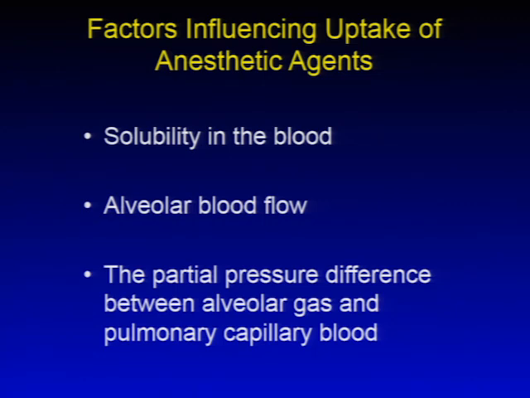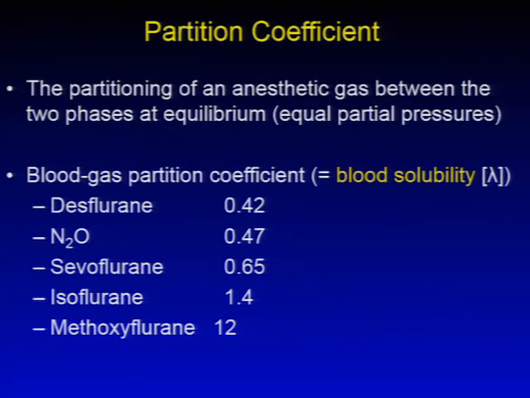So the factors that influence uptake of anesthetic gas, uptake from the alveolar space to the blood, are three: solubility in the blood, alveolar blood flow, and the partial pressure difference between alveolar gas and pulmonary capillary blood. So the concept of partition coefficient is important in that regard.